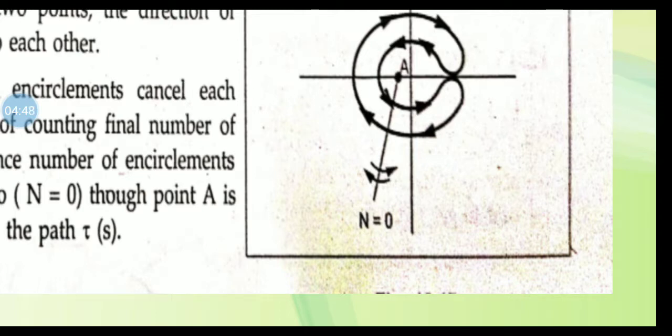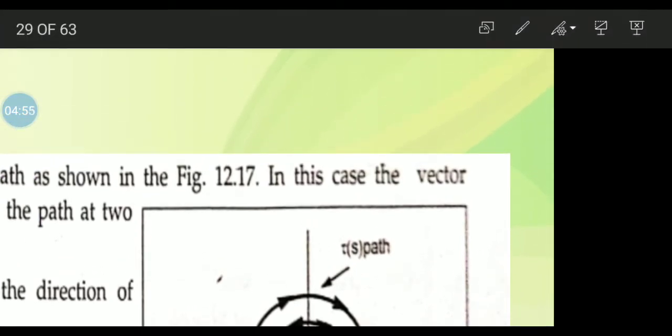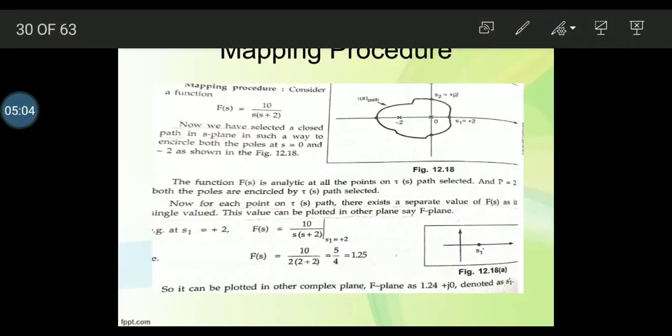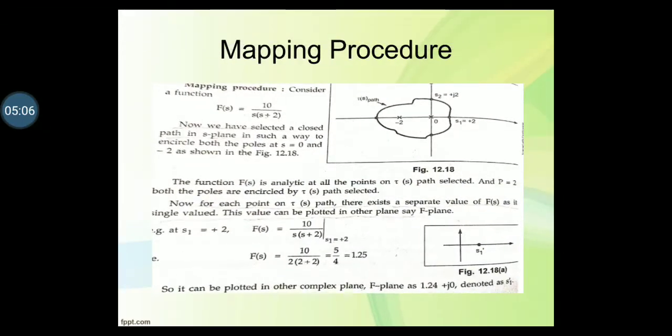So the restriction for selection of a closed path is that it should not pass through the points that are singularities of f of s, that is, it should not pass through poles of f of s. Let P and Z be the number of poles and zeros of f of s which are encircled by the path, that is, they are inside the path.